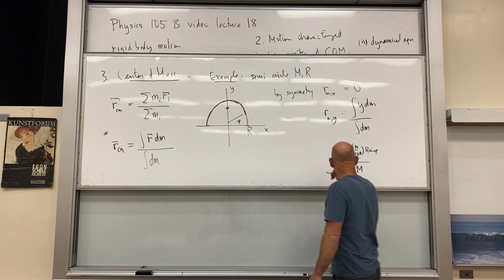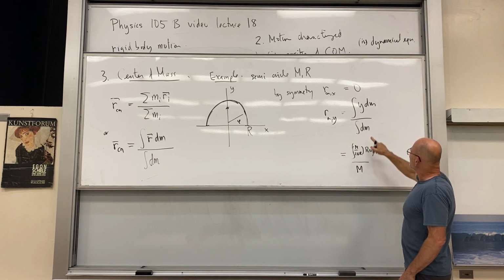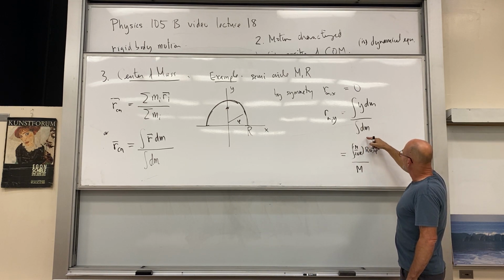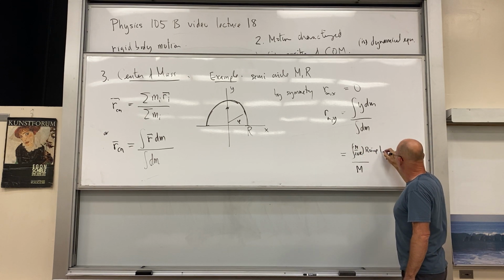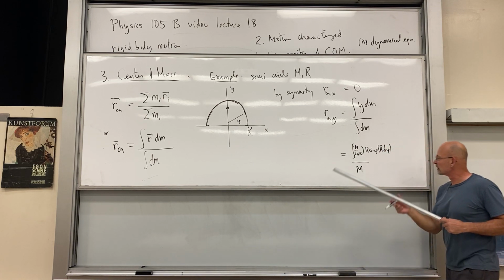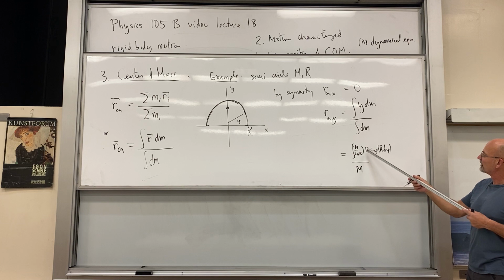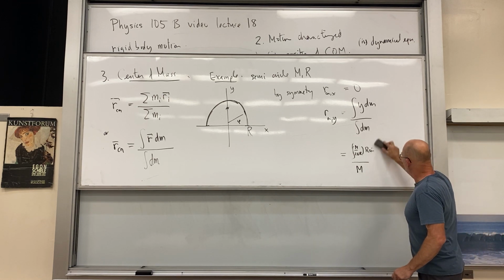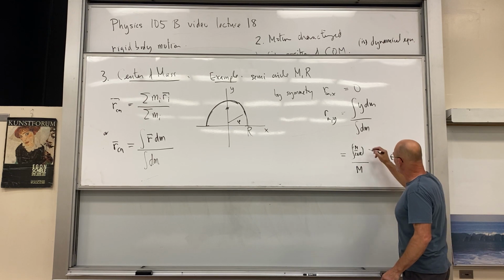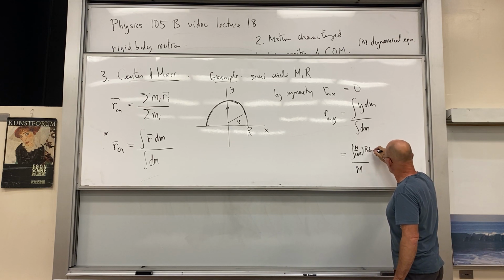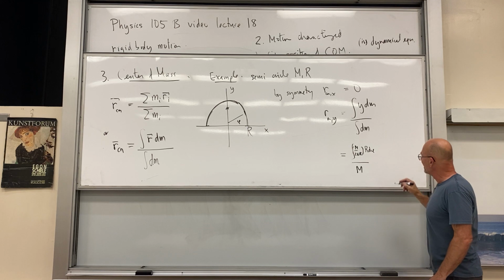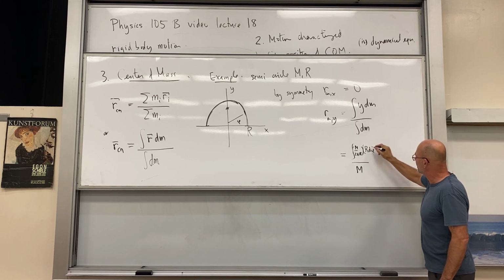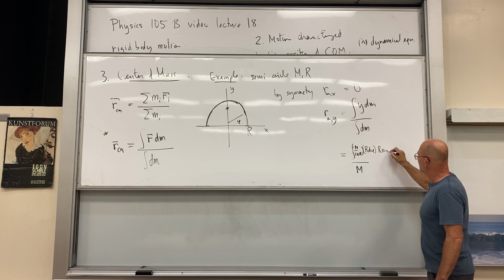For the dm we need an R d phi. So you've got M over 2 pi R d phi, and then R sine of phi.